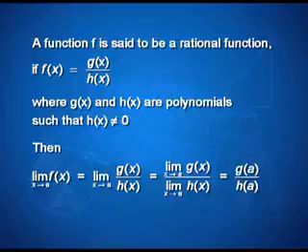Then the limit of function f of x as x tends to a is equal to limit of g of x upon h of x as x tends to a, which is equal to limit of g of x as x tends to a upon limit of h of x as x tends to a, which is equal to g of a upon h of a.